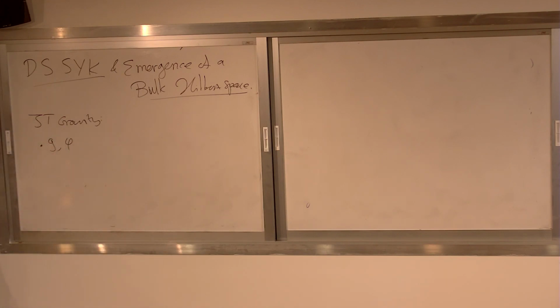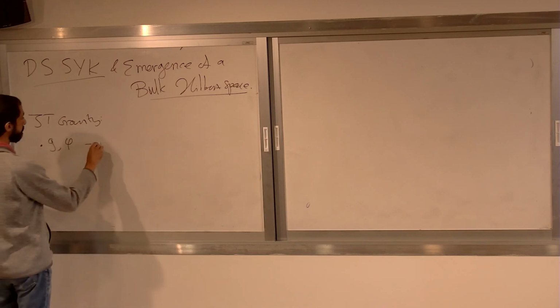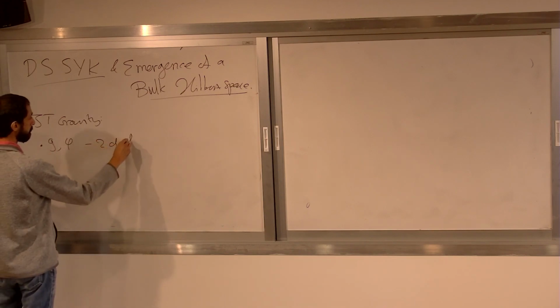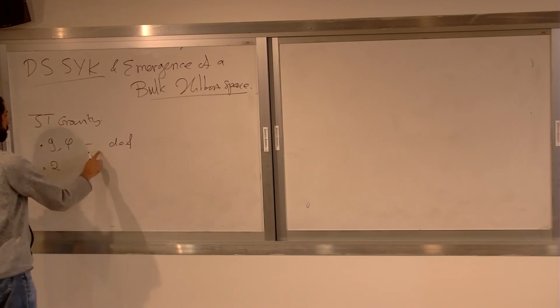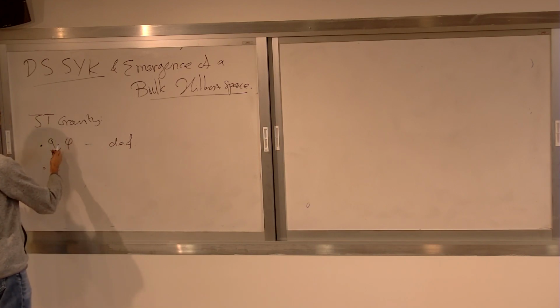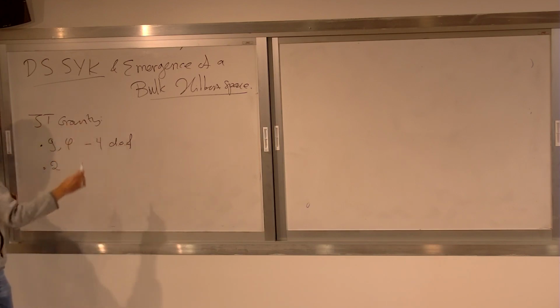So that's, sorry, not 2 degrees of freedom. What am I saying? It's 4, thank you. 4 degrees of freedom. But it's a theory of gravity, and so it has constraints and diffeomorphism invariance.